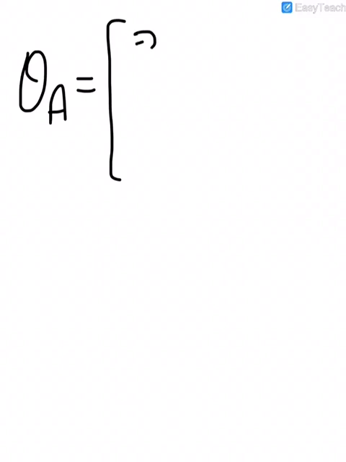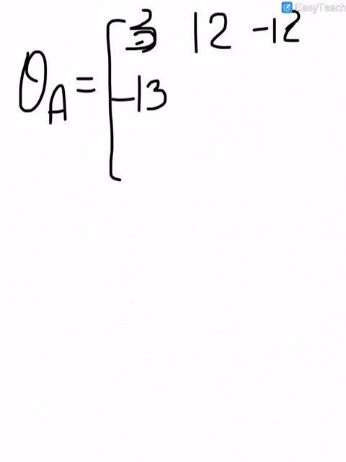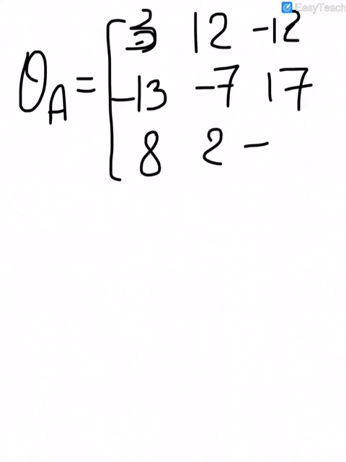The cofactor matrix of A was, what was it? It is 3, 12, minus 12, minus 13, minus 7, 17, 8, 2, and minus 7.